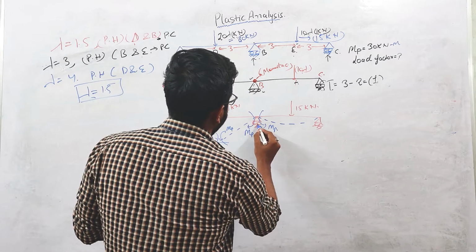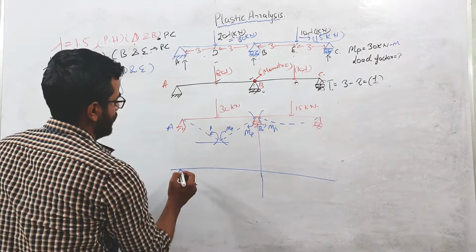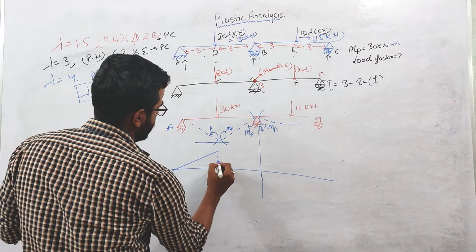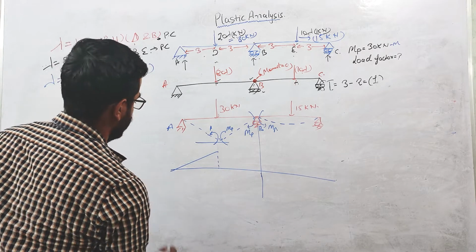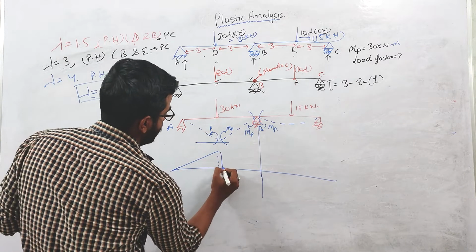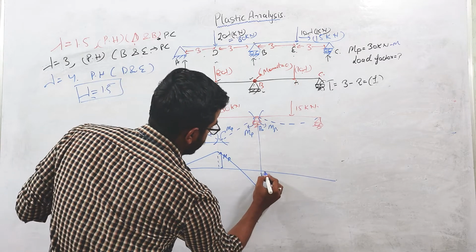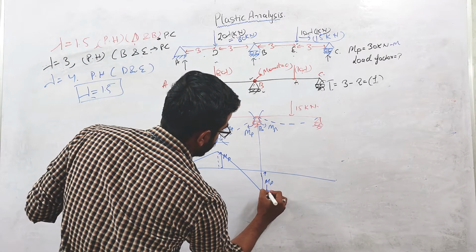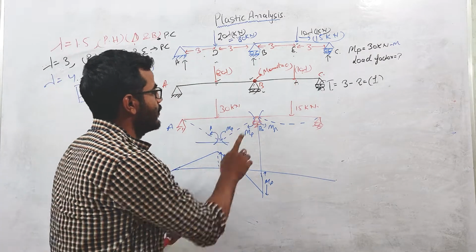Now if you draw the bending moment diagram for this case, it will look like this. Here this is MP, and this value again is MP. Now let us check for this part.